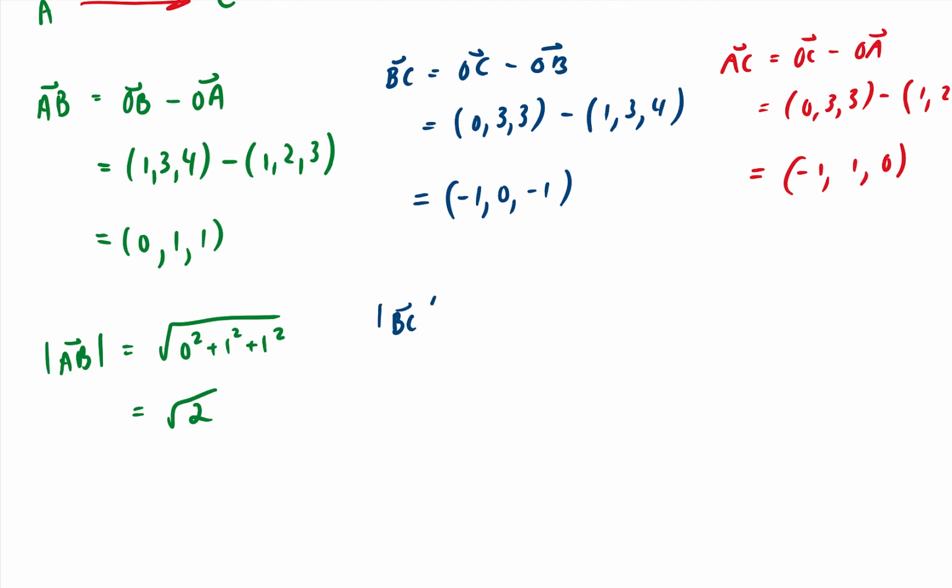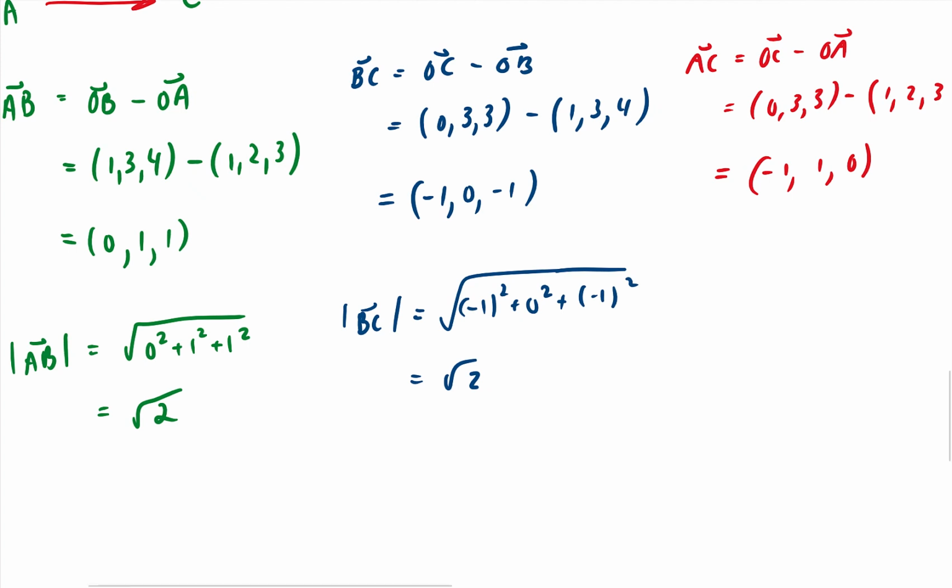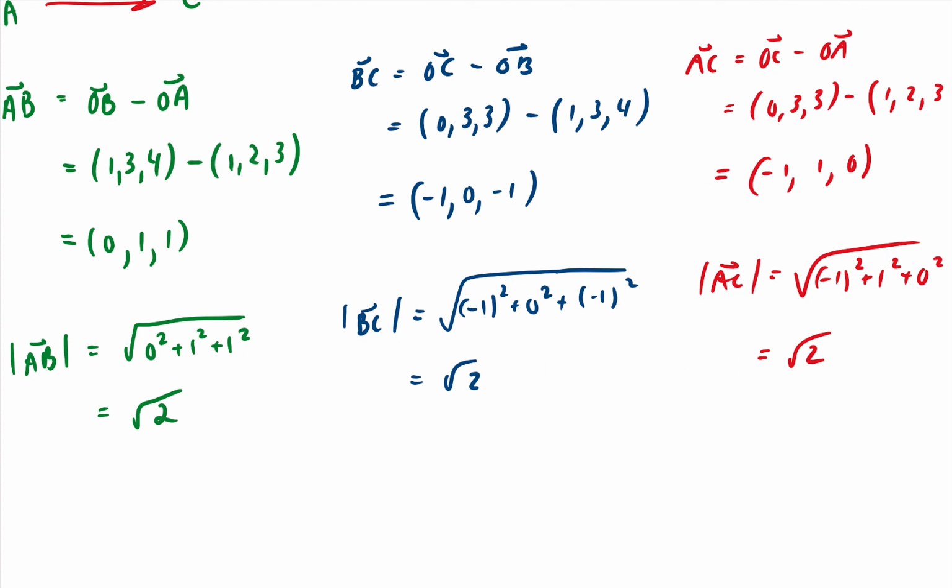The magnitude of BC is the square root of (-1) squared plus 0 squared plus (-1) squared, which is equal to the square root of 2. And finally, vector AC's magnitude is the square root of (-1) squared plus 1 squared plus 0 squared, which is equal to the square root of 2. Now we've shown that ABC is an equilateral triangle.